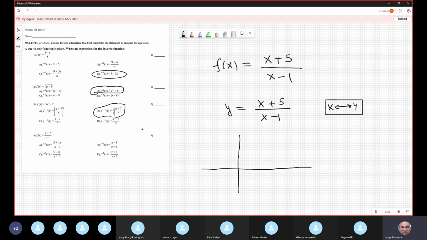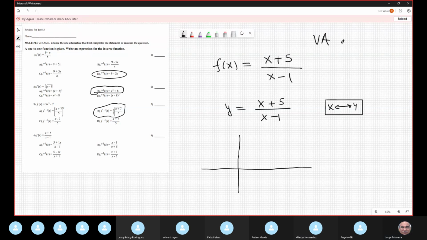This function has horizontal and vertical asymptotes. At what value do we have the vertical asymptote? At x equals 1.